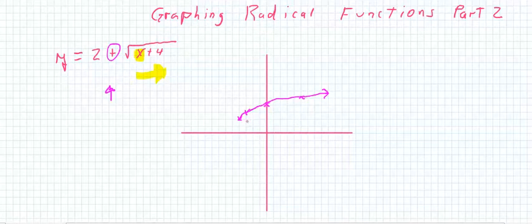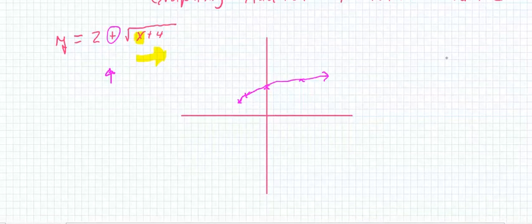Yep, if I go over 16, the square root of 16 is 4. It's always like that, all right? Just like graphing quadratics. Quadratics, we went over 1, 1 squared is 1. Over 2, 2 squared is 4. It's exactly the same idea, except we're switching the x and the y.